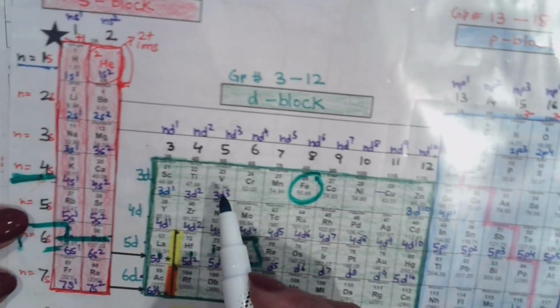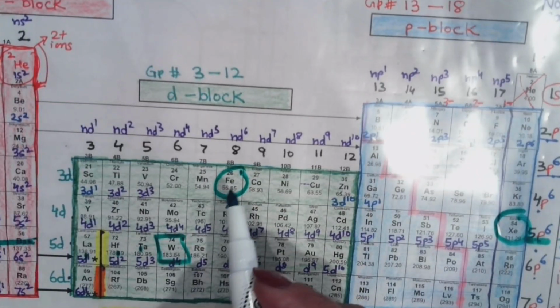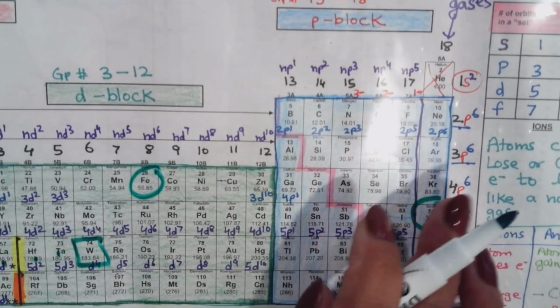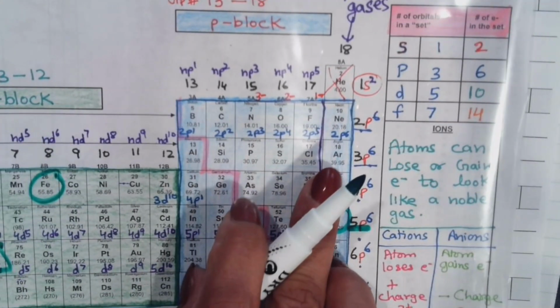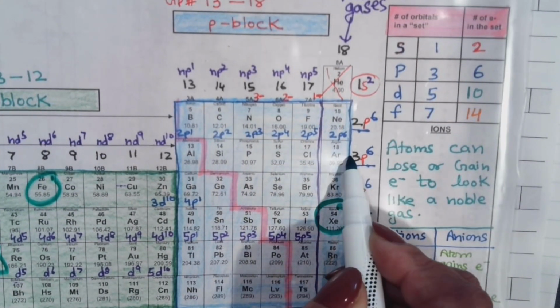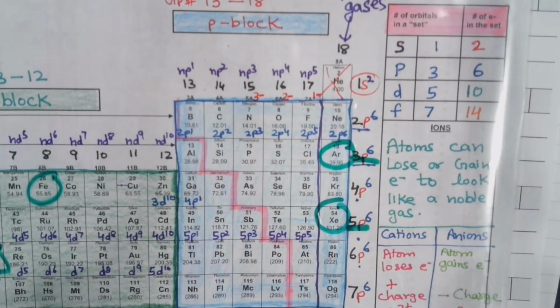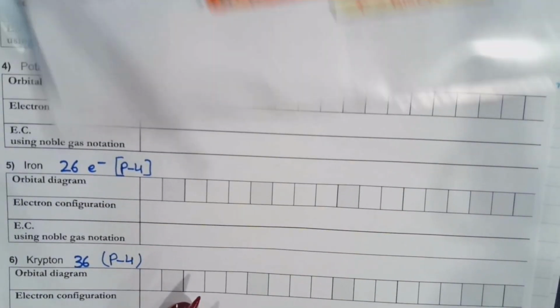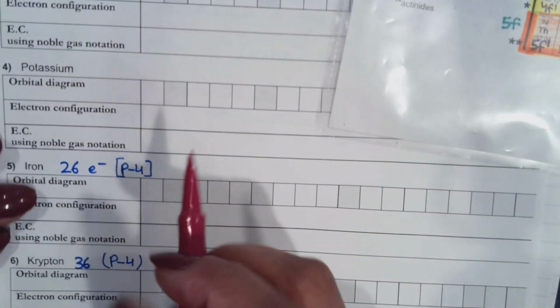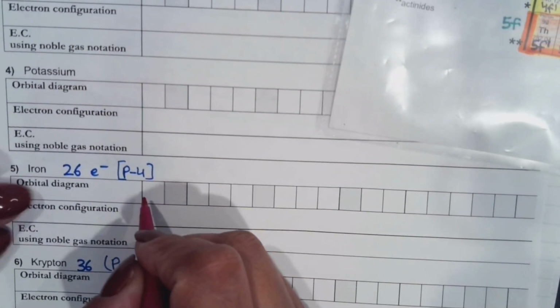So we will write down all the elements before iron, right? And in terms of noble gas, we will use the noble gas in the 3rd period, which is argon, right? So if I had to write the noble gas configuration of iron, let's first draw the orbital diagram.